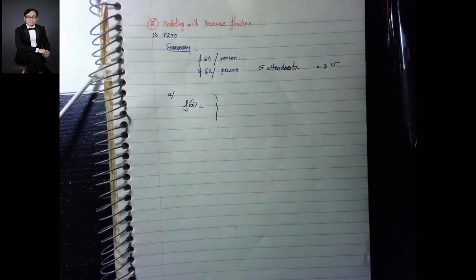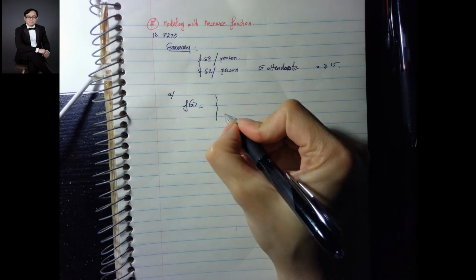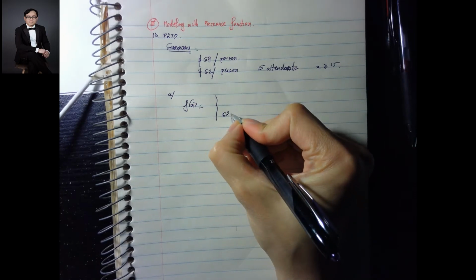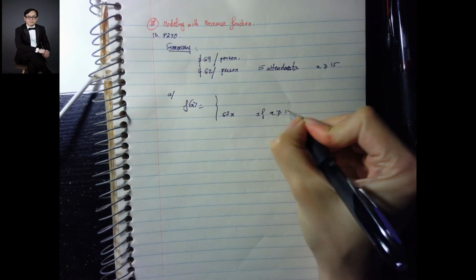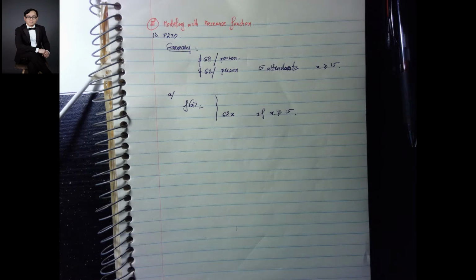So $62x if x is greater than or equal to 15, and $69x if x is between 1 and 15.